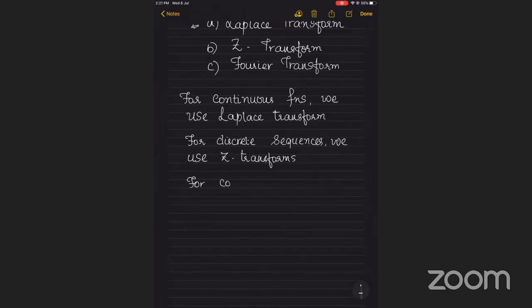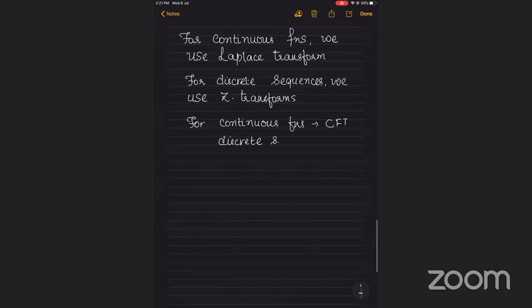For continuous functions, we have the continuous Fourier transform. For discrete sequences, we have the discrete Fourier transform. We have two things: the discrete time Fourier transform, and then the discrete Fourier transform.